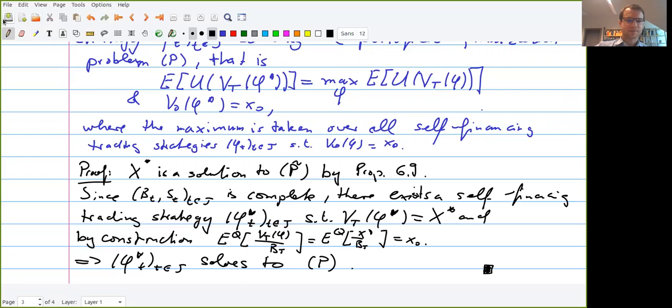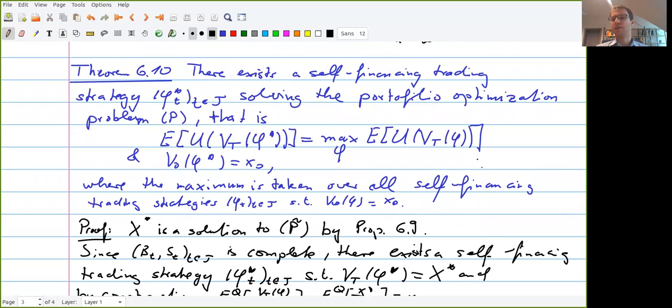All right. Here we are. So we were able to solve the portfolio optimization problem in a complete market with this arbitrage free as well, because otherwise it's a degenerate problem.